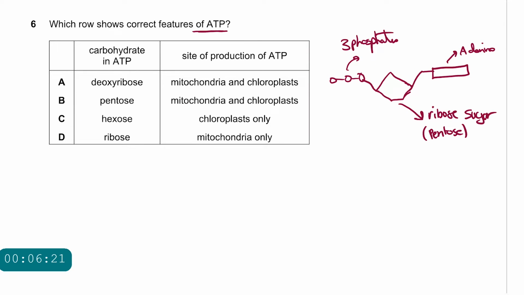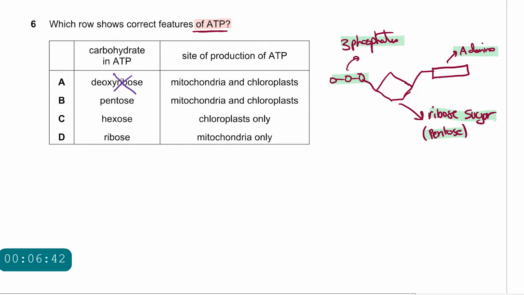Question number 6. Which row shows correct features of ATP? Right here we have the structure of ATP: 3 phosphates, a ribose sugar and adenine. Here we have the carbohydrate in ATP. The first one is deoxyribose. This is totally incorrect.